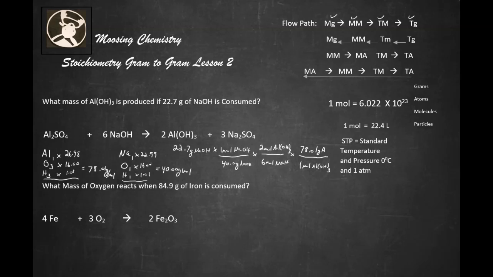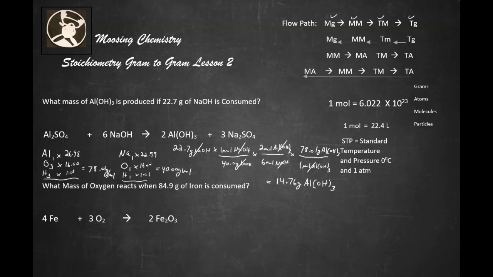Grams cancel grams, moles cancel moles. See how that works? When we do the math, we get 14.76 grams of Al(OH)3. Pretty snarly, huh?